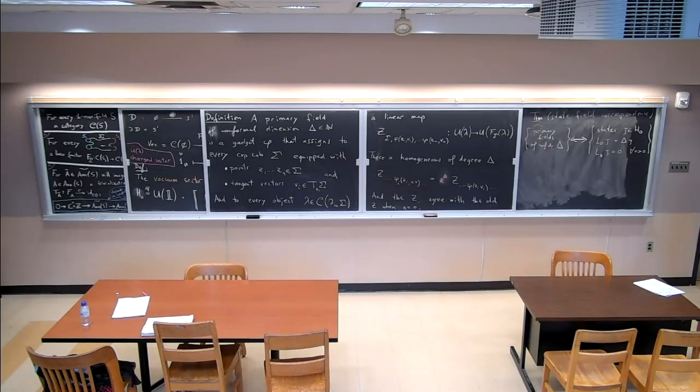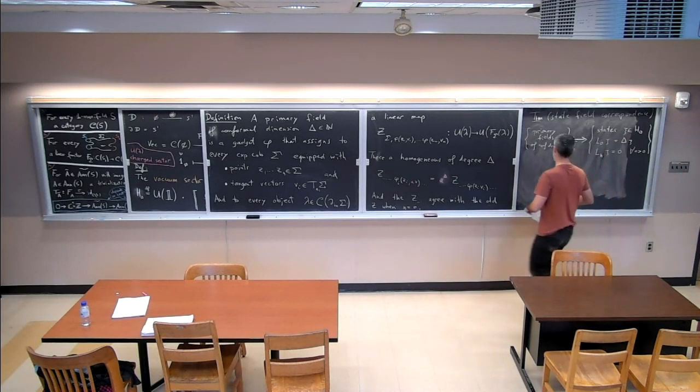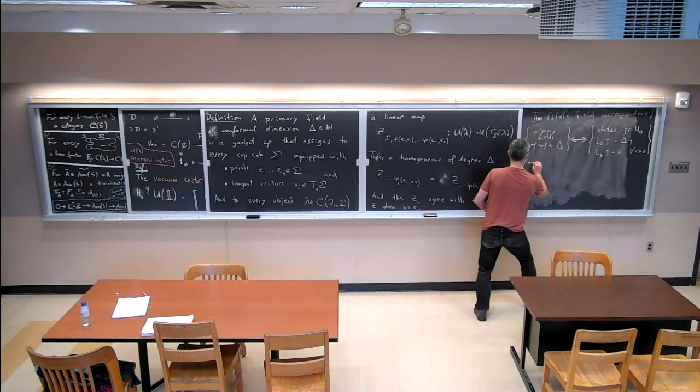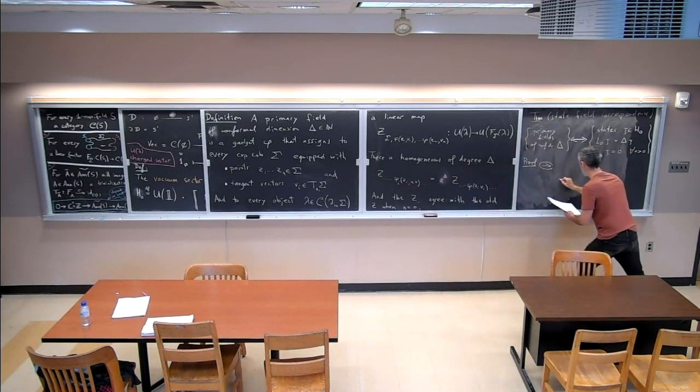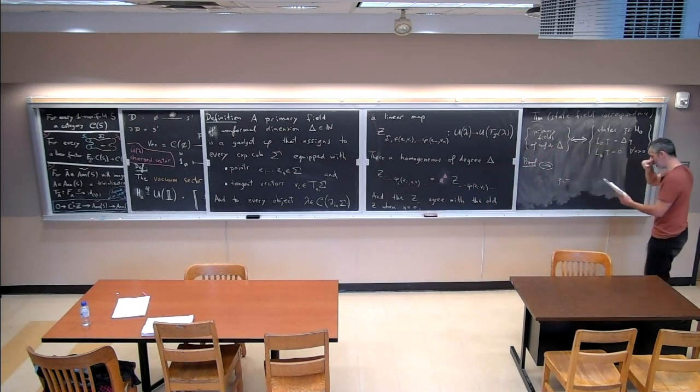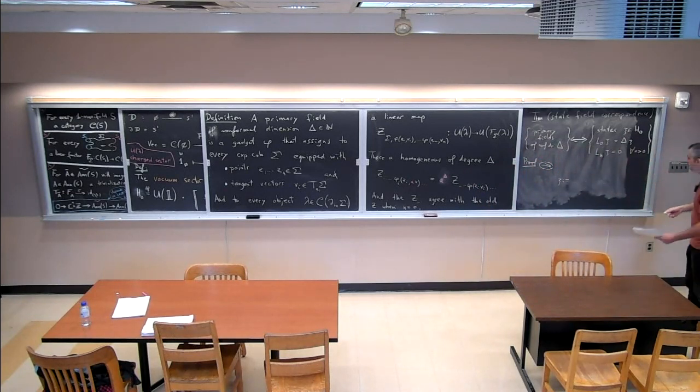First of all, if I have a primary field, how do I get an element xc? Well, that's fairly easy. So to go in that direction, you define xc to be, and I'll first draw a picture and then write a formula.